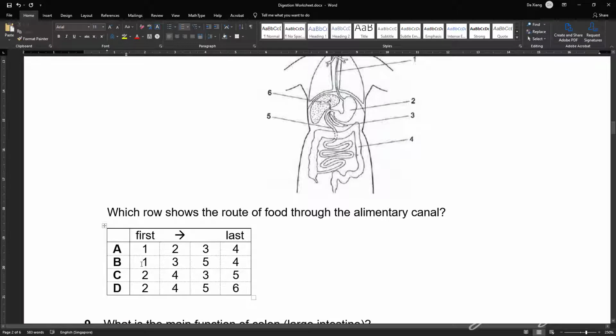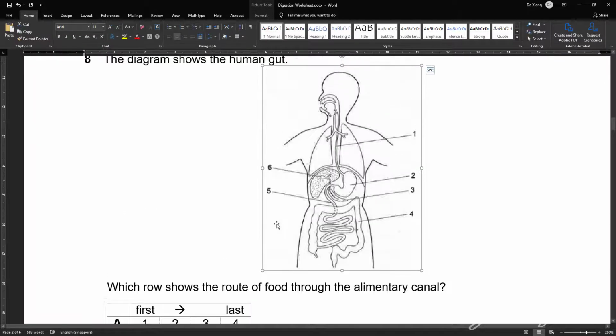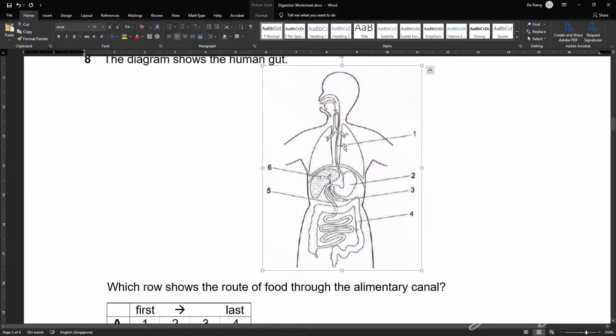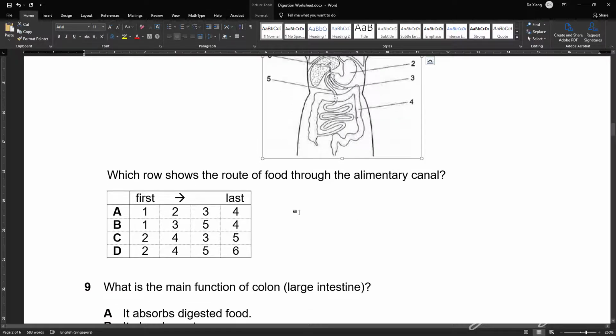So it's 1, 2, 5 and 4. Is there the answer? 1, 2, 5, and 4.